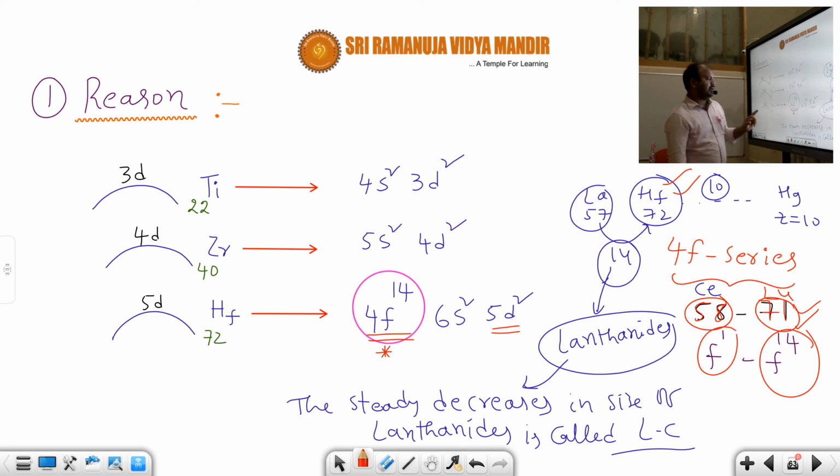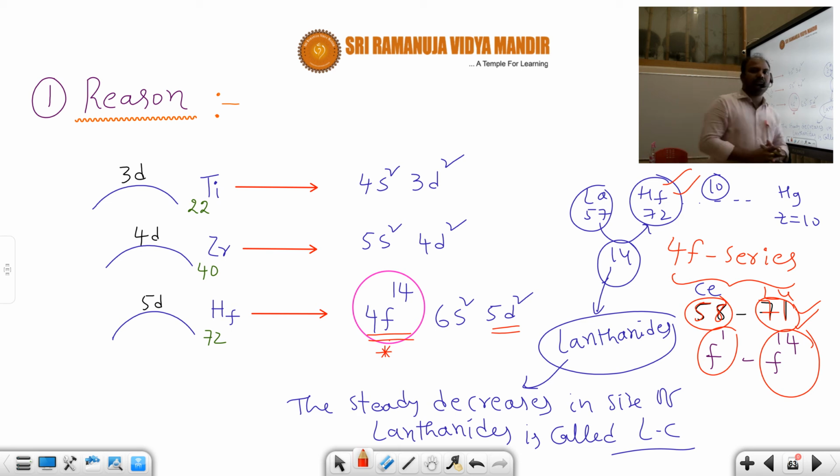Generally I am saying that f orbitals and d orbitals are bigger in size. So when they are bigger in size, what happens, Nana? It gives a poor shielding effect. With poor shielding, the inner electrons do not protect the outermost electron, so the outermost electron is strongly attracted by the nucleus.